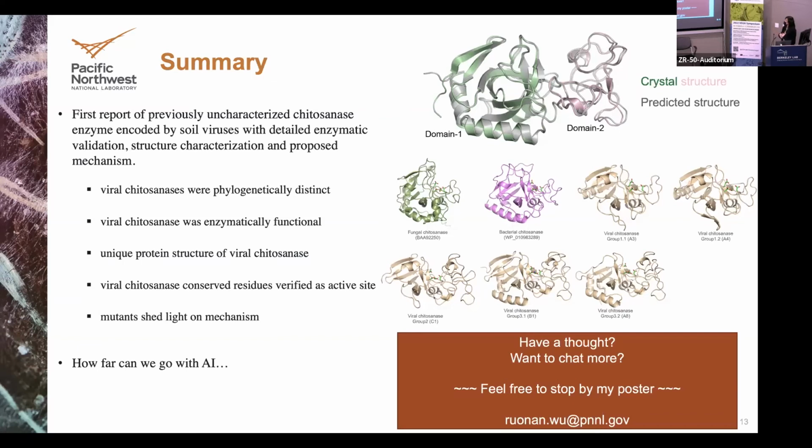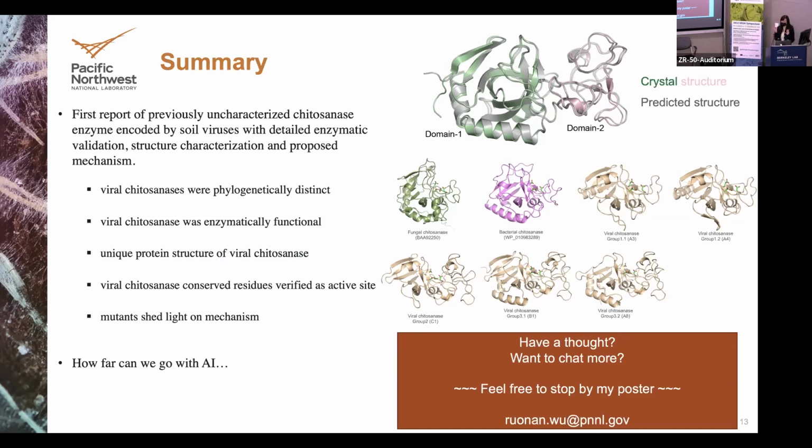And we further leveraged AlphaFold 2 to predict the GH75 cytosinases from the different taxa. We have the fungal cytosinases, bacterial cytosinases, and viral cytosinases from the major groups that we identified. Just at first glance, those protein structures already reflect the differences in the groupings based on the phylogenetic analysis.